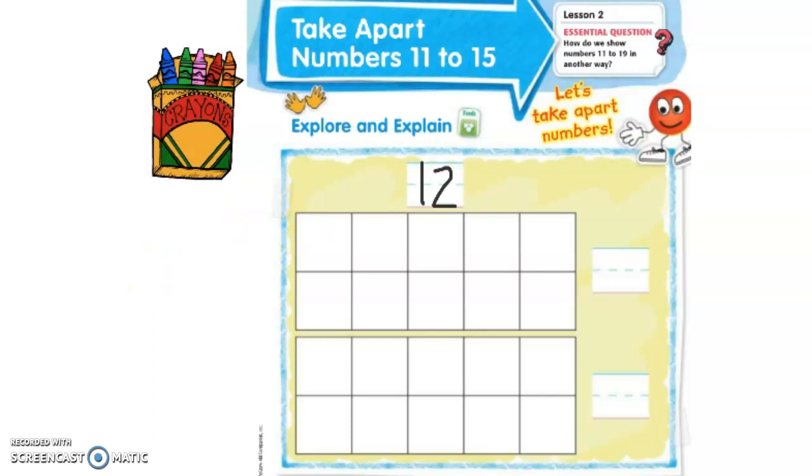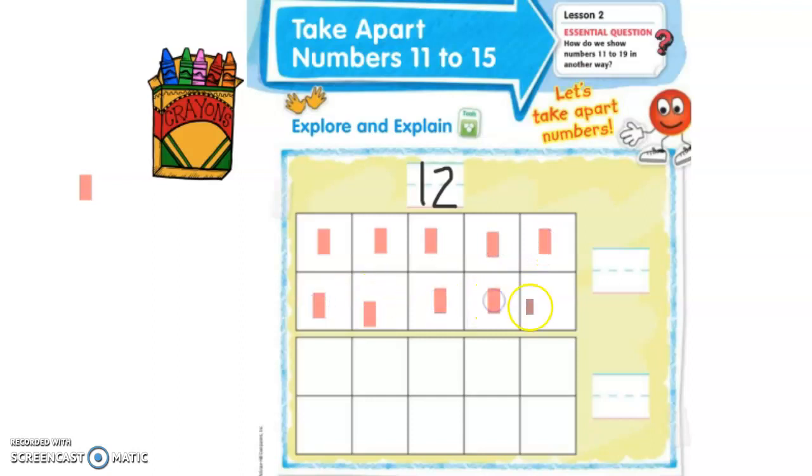If we have 12, let's see if we can fill in the first tens frame. 1, 2, 3, 4, 5, 6, 7, 8, 9, 10. We filled our first tens frame. We know that one full tens frame equals 10. Now we're taking apart 12, so let's see how many we need to fill in our second one to take it apart.